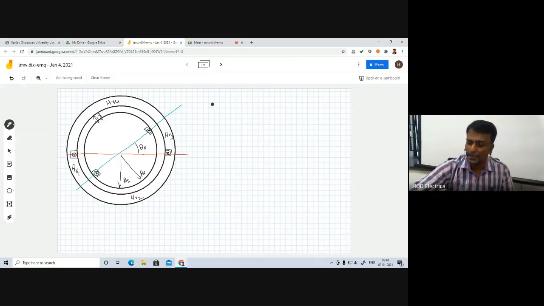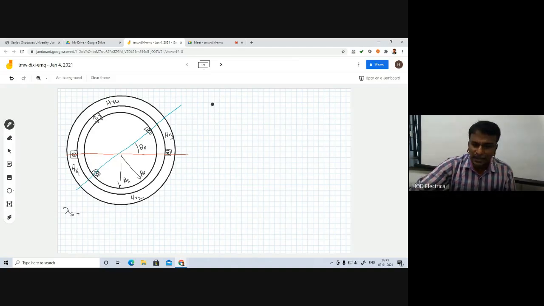We have derived various equations, and based on that we finally end up with the equation of the stator, which is nothing but the stator inductance. We can write lambda s, the flux linkages in the stator.